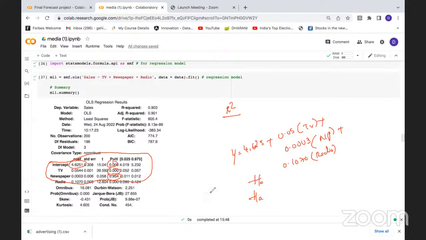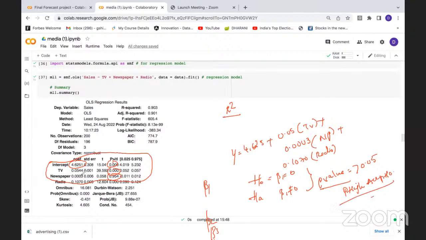If you write hypothesis testing for this, for all beta 1, beta 2, beta 3, H0 is beta 1 equal to 0, against beta 1 not equal to 0, you check with the probability value. What is the probability value? If the p value is greater than 0.05, then p high, you have to accept H naught. So this value should be 0 and it is very, very negligible.